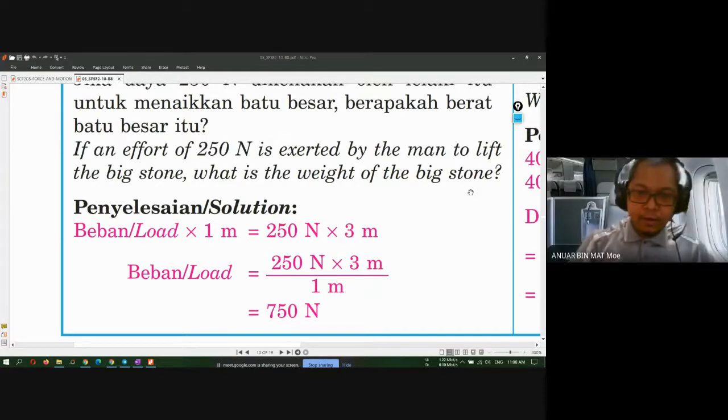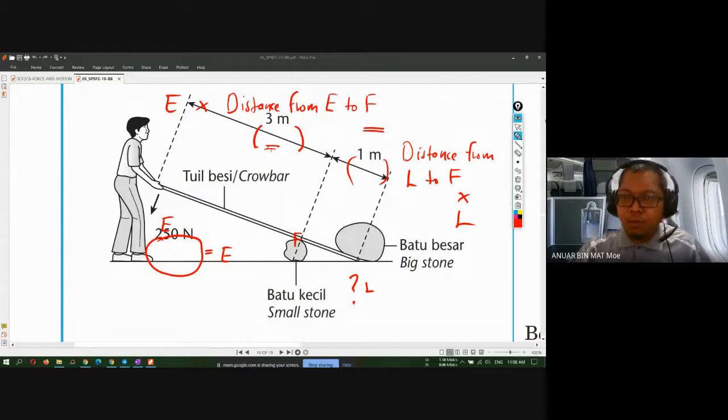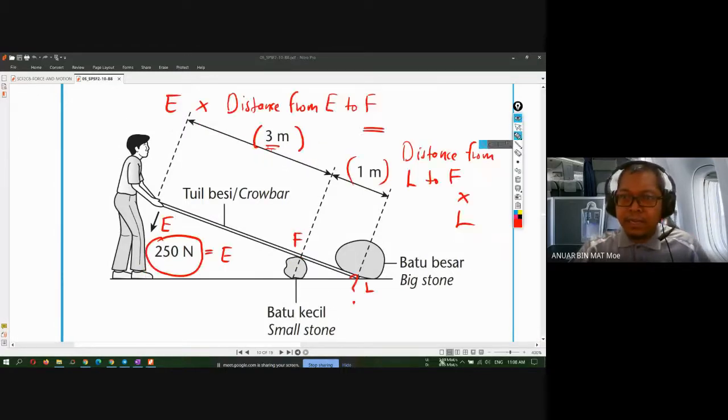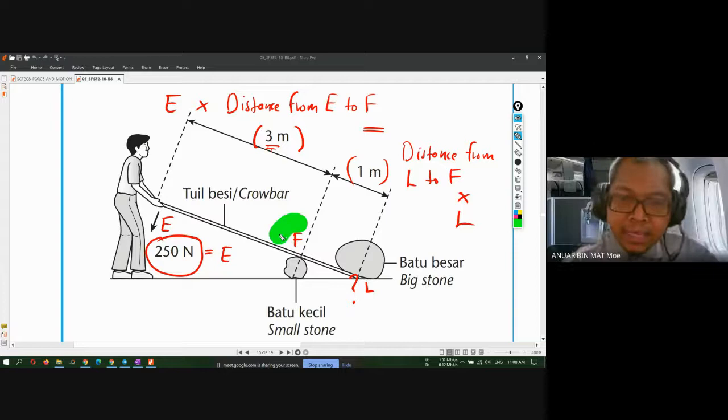Okay. So what class of lever is this? First, second? Okay, very good. So this is the first class of lever. Why is it first class? What is your reason? Because the fulcrum is at the middle. Yes.